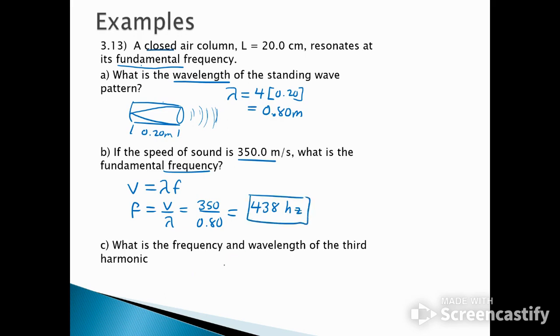And now we want to know what's the frequency and wavelength of the third harmonic. So the third harmonic is the next antinode at the surface. It's still 0.20 meters, the length of the tube.